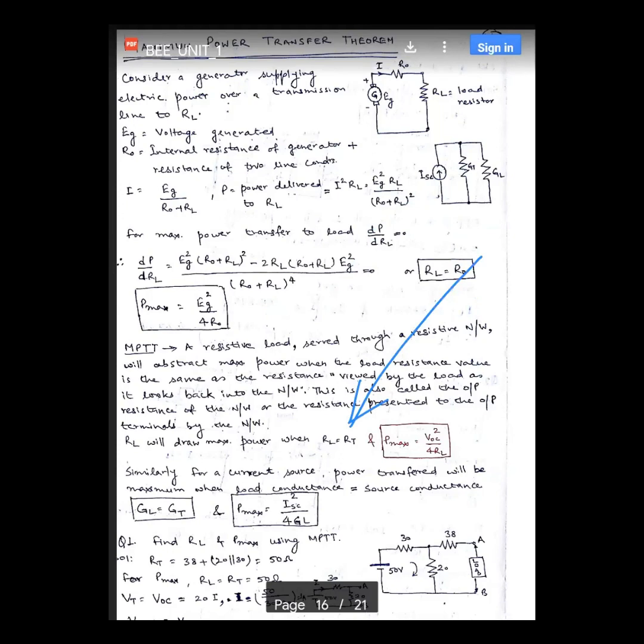Here only one resistance is there, so you can say this is the Thevenin resistance, because if the load resistance is removed, this is the resistance which we will get. But if the circuit is a bit complicated, then we are required to replace this by the Thevenin resistance.